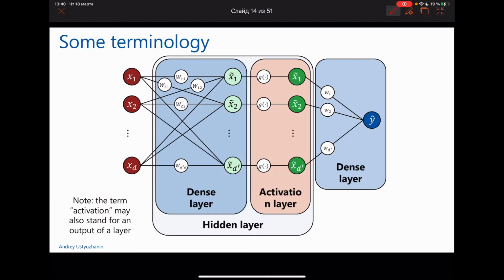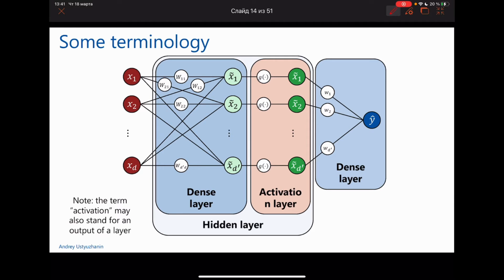And we can simplify things a little bit by introducing a terminology when we have just weights matrix multiplied by input and call it a dense layer or linear layer. And we can call this element-wise computation of some nonlinear function an activation layer or nonlinear layer.